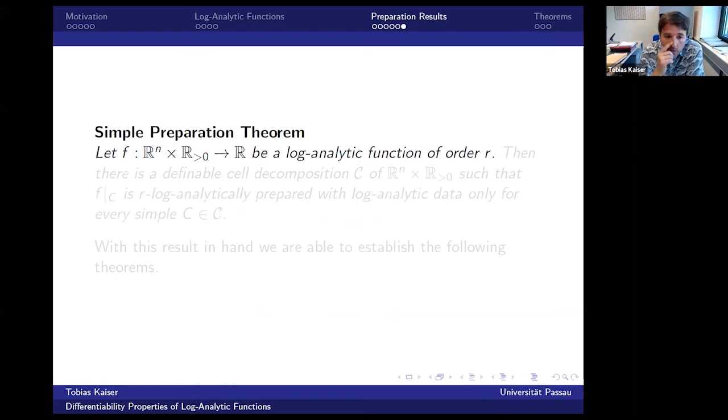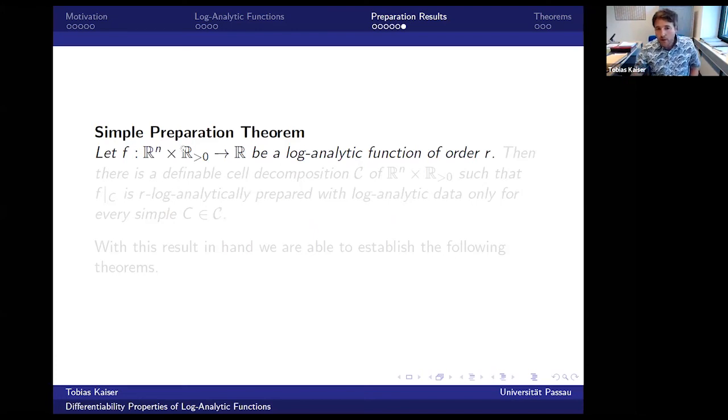And this is now our simple preparation theorem. To prove this, we have to go again through the proof of Lion-Rolin, respectively van den Dries and Speissegger, to adapt the proof, and then we get the following.